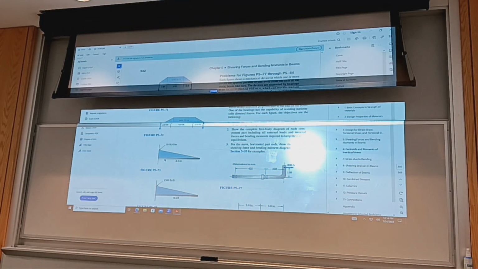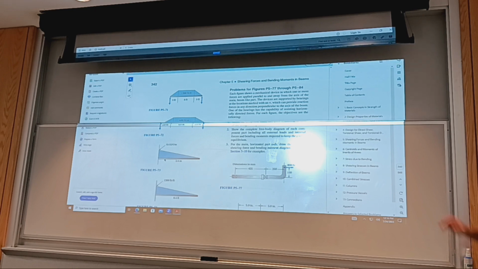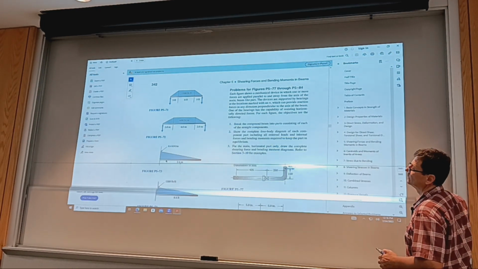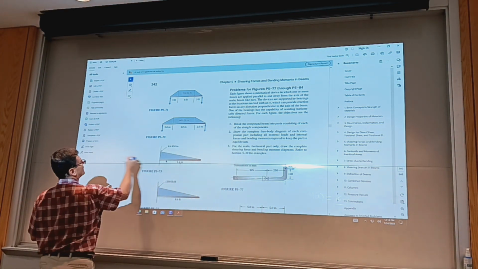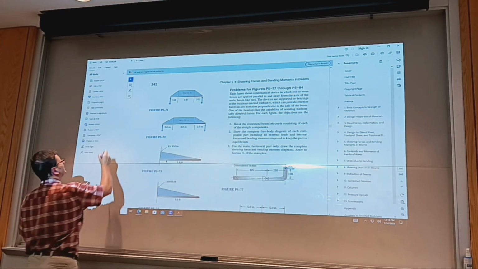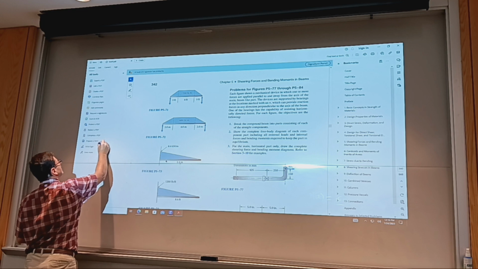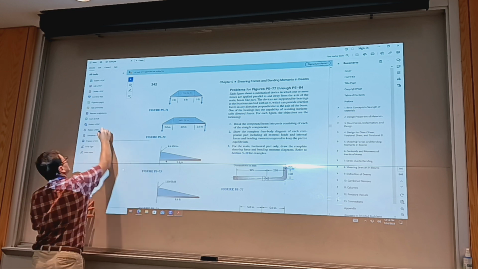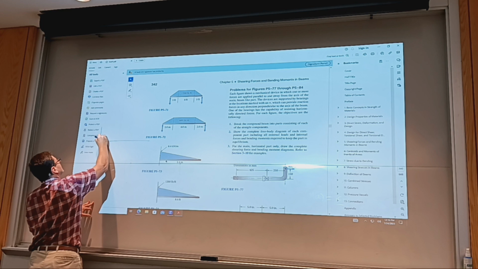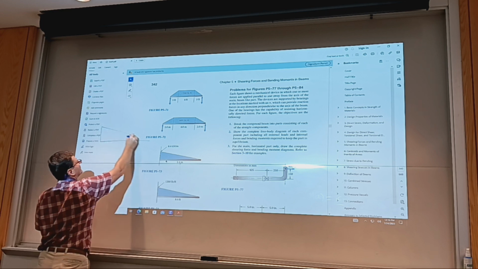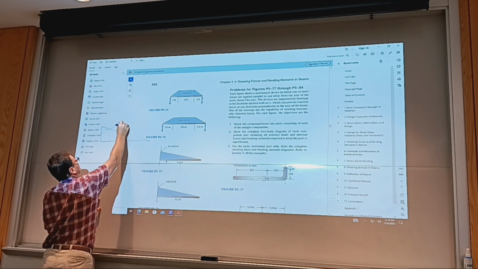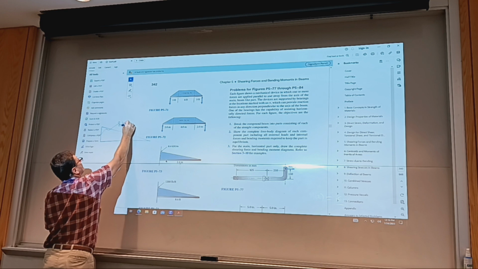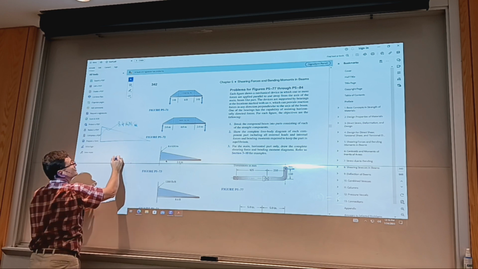Okay, so let me sketch the problem. Again, we're going to do 73. We have the cantilever, and we have the tapered force that goes from 8.4 kilonewton per meter to 0.